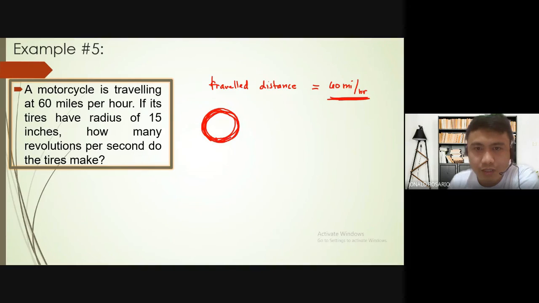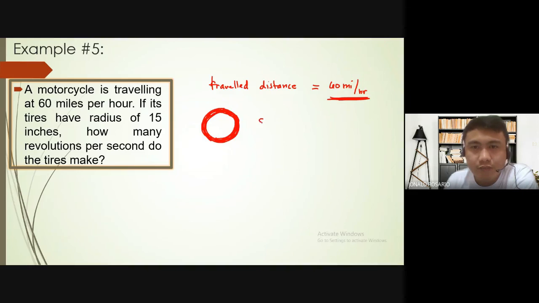If this is the tire of the motorcycle, okay, so makukuha natin yung isang ikot, no? Isang ikot ng ating motorcycle, isang ikot ng kaniyang gulong. Pwede nating ma-measure yan by computing, of course, the length of the arc length ng buong, yung isang revolution.